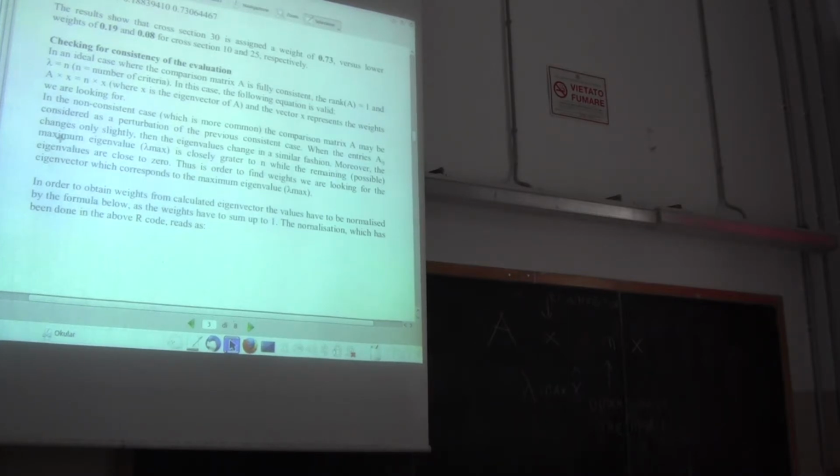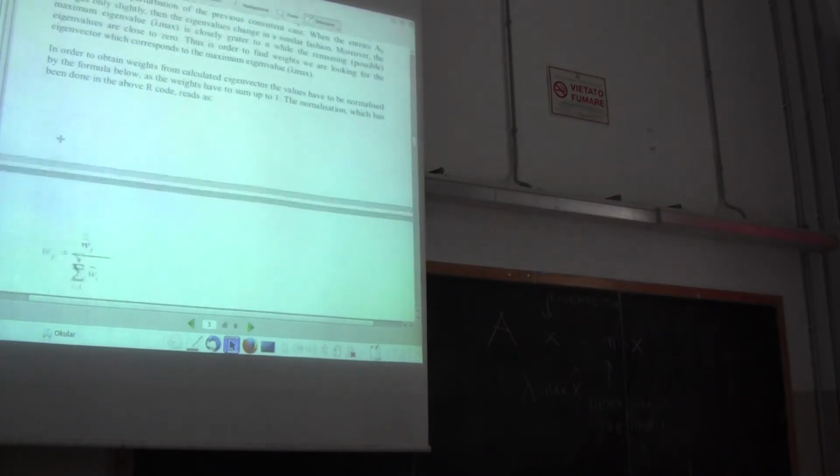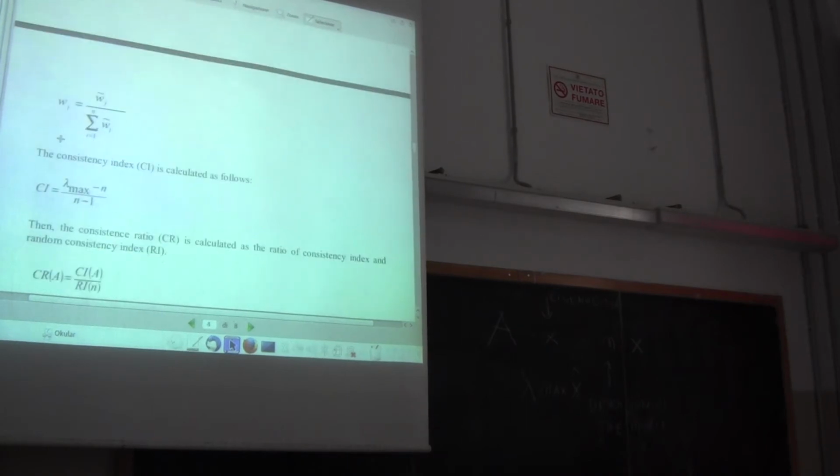And therefore, the eigenvalues that you get do not correspond to the weights. So basically the condition, this is the normalization that I introduced, because of course, you know, you will never get a fully consistent matrix. There will be some inconsistency.